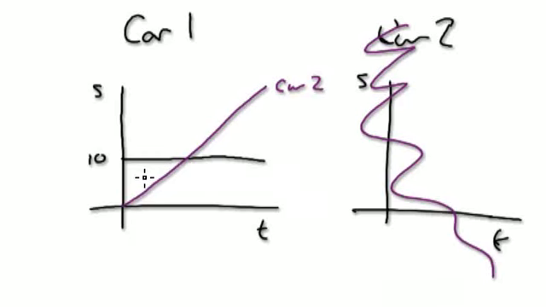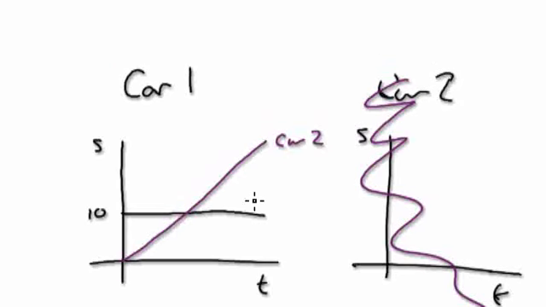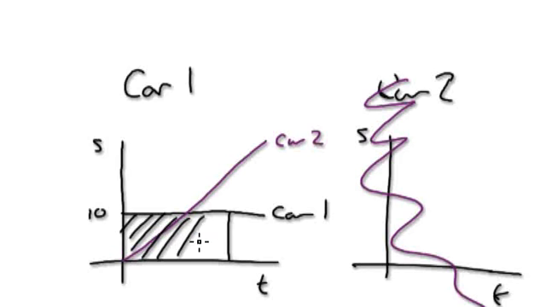Now, if you want to find out which car crosses the 100 meters mark first, well, the distance traveled for car 1 would be the area underneath the straight line here.